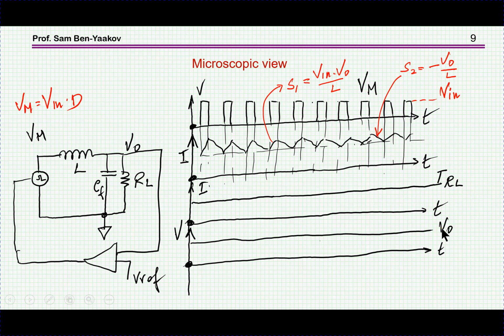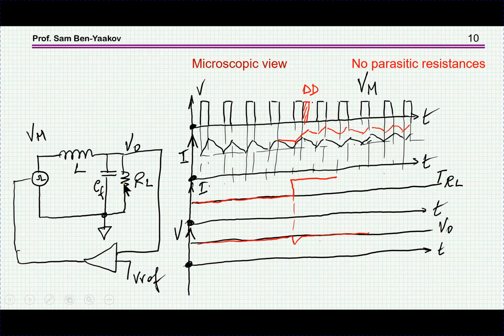Let us now assume that there is a change in R_L: smaller resistance, higher current, and here I'm showing it like this. Since there is now an imbalance between the load current and the average inductor current, there'll be a voltage drop at the output.